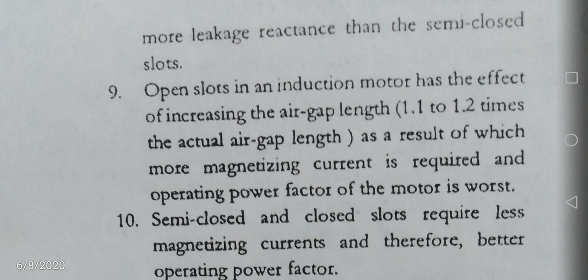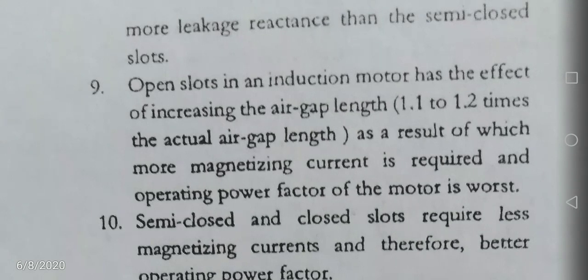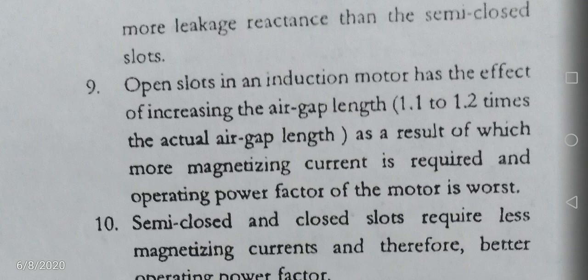Ninth point: open slots in an induction motor have the effect of increasing the air gap length to 1.1 to 1.2 times the actual air gap length. As a result, more magnetizing current is required and the operating power factor of the motor is worse.